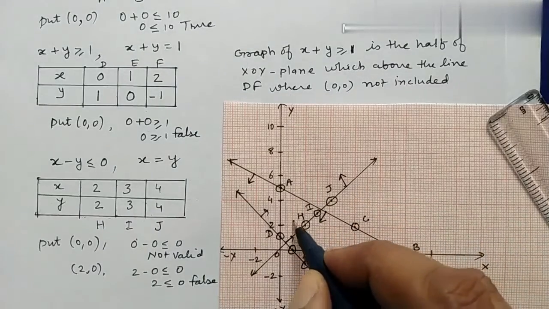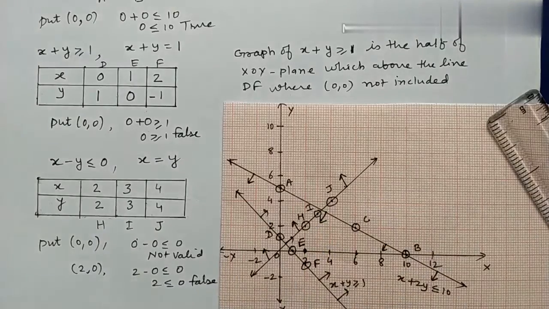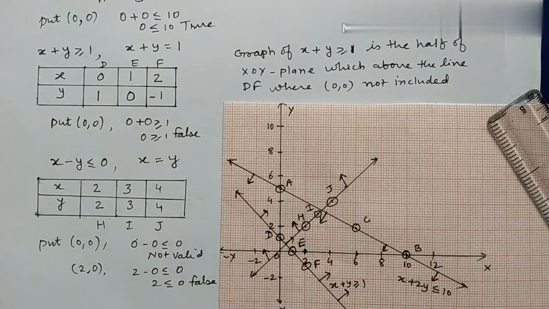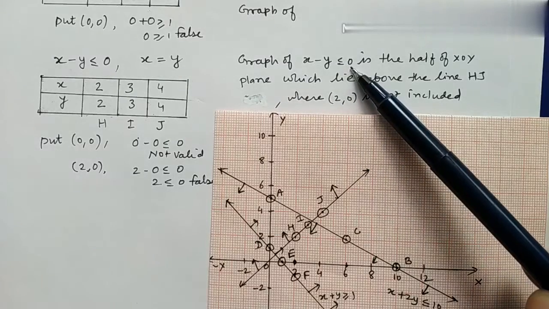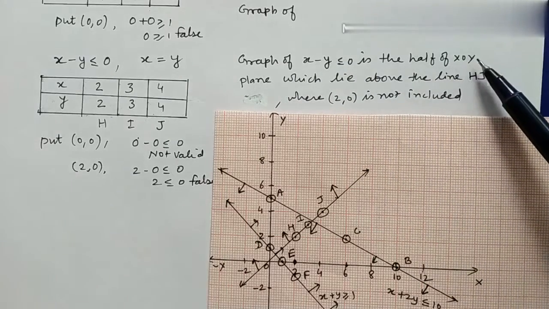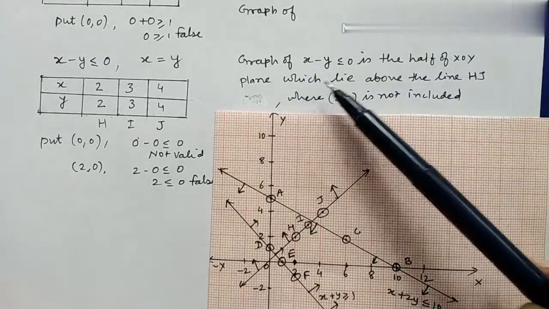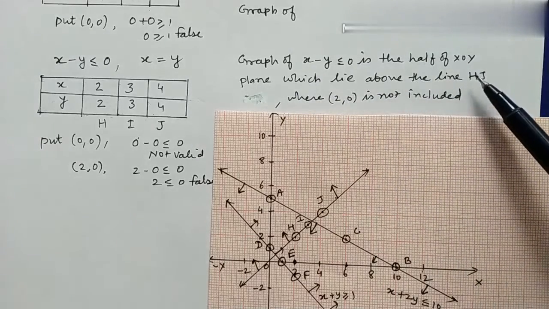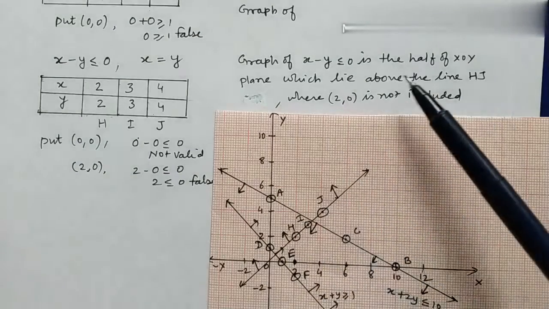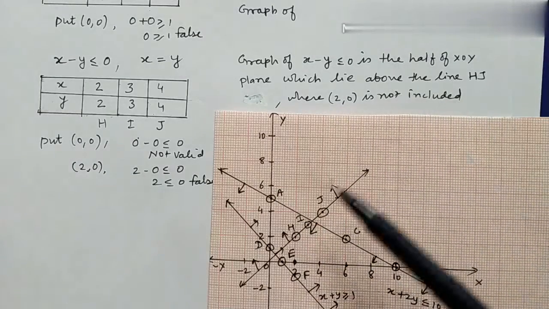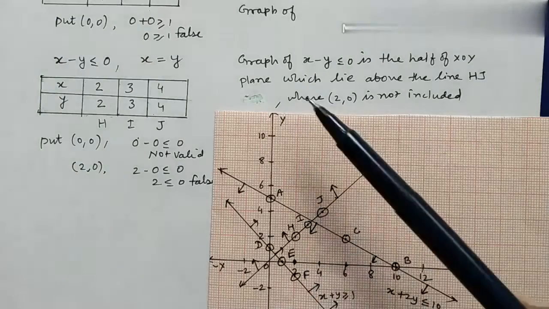So we will take above the line. We can write here the graph of x minus y less than or equal to 0 is the half of the xy plane which lies above the line HJ, where the 2, 0 point is not included, so we take this portion.